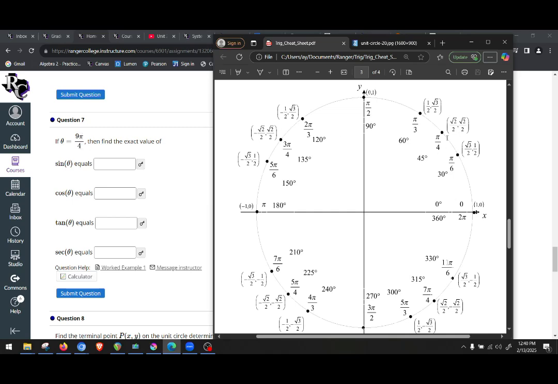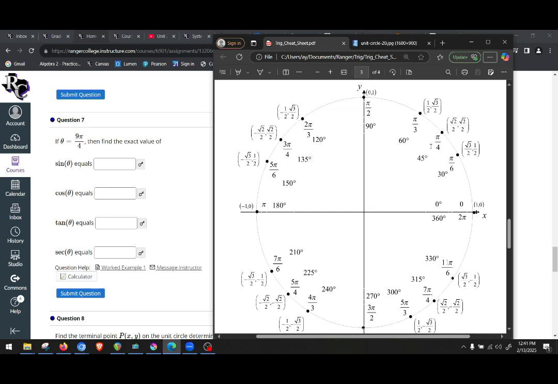If we look over here on our unit circle, our 45s, so this 45 here is pi over 4. If we go to our next quadrant, it goes up to 3 pi over 4. So all we're doing from here, we go from pi over 4 to 3 pi over 4 to 5 pi over 4 to 7 pi over 4. So if we're going 3, 5, 7, 9 pi over 4 is here, right?